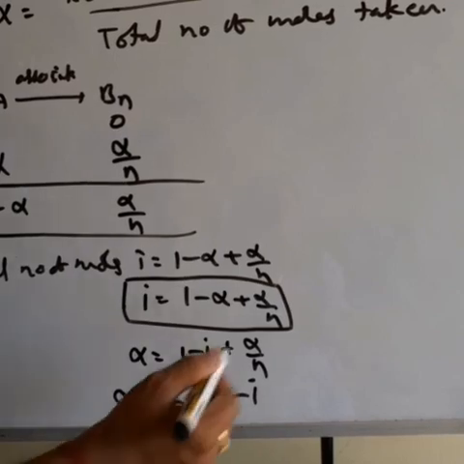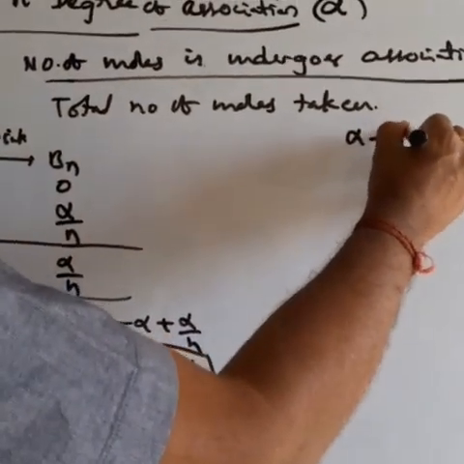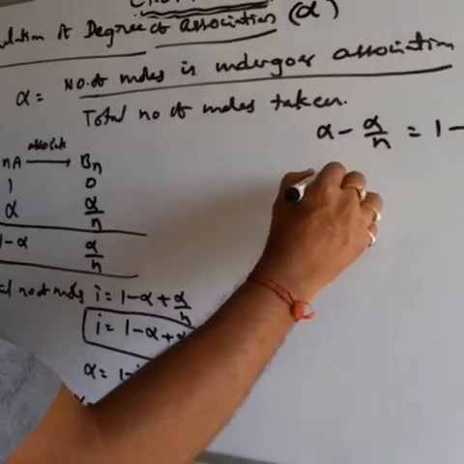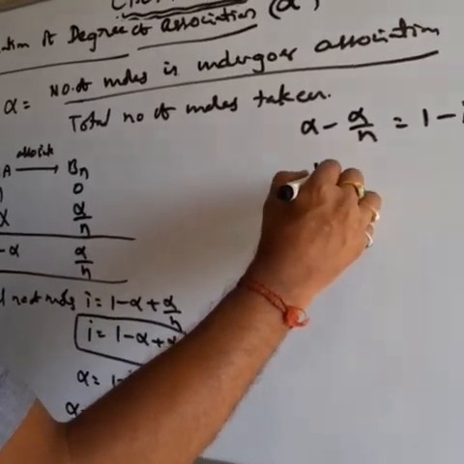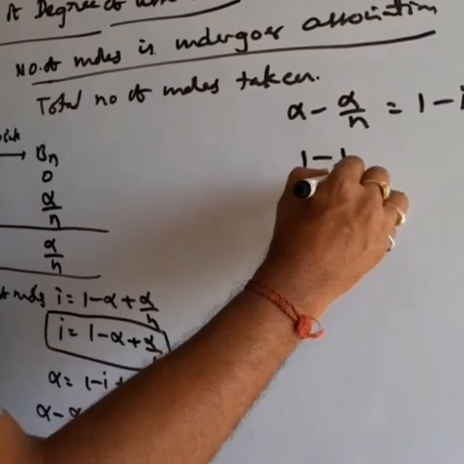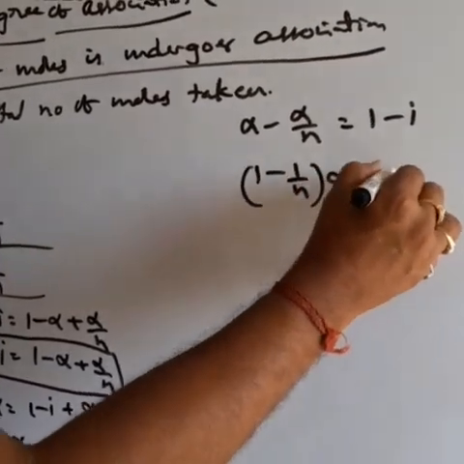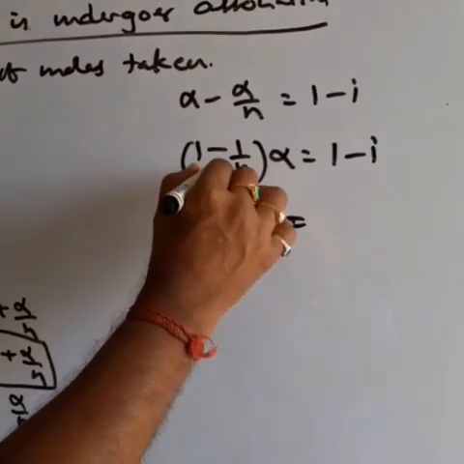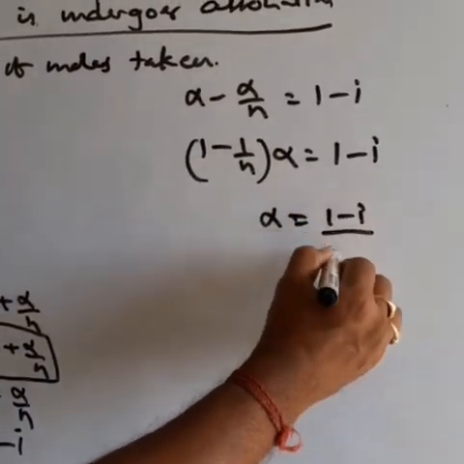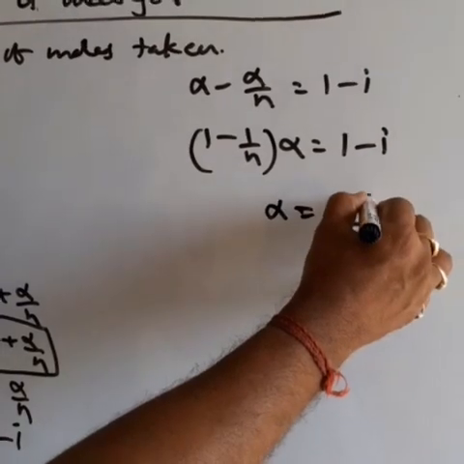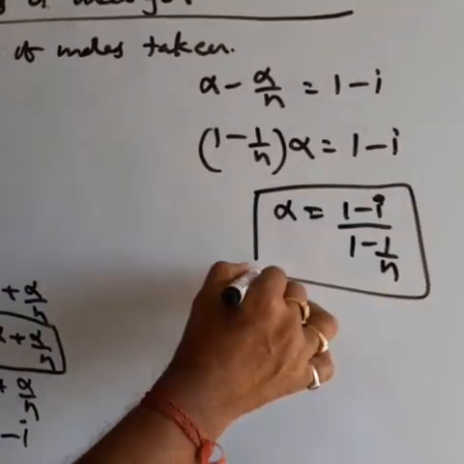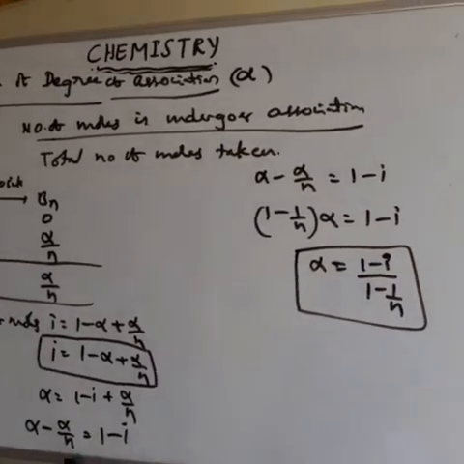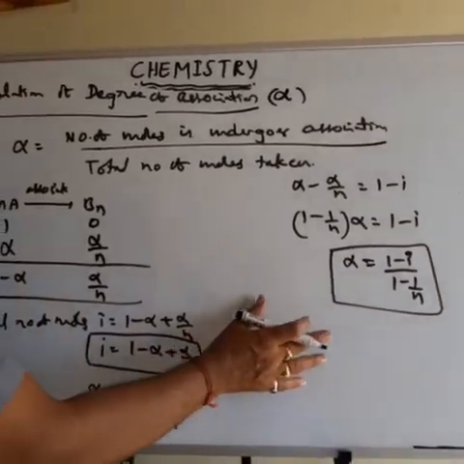Therefore alpha is equal to (1 minus i) divided by (1 minus 1 by n). By using this formula you can find the degree of association. Okay, so this is about the concept.